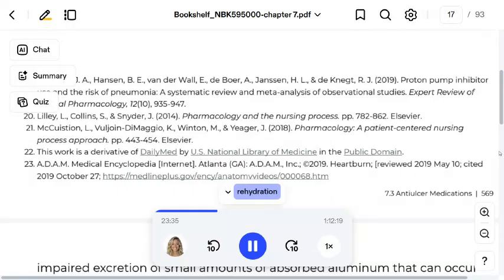Oral rehydration agents may also be used in clients with diarrhea to replace fluid and electrolyte loss, but they do not treat the diarrhea. Antibacterial agents may also be used to treat diarrhea caused by specific infections, such as Campylobacter or Giardia, but they are not routinely needed.